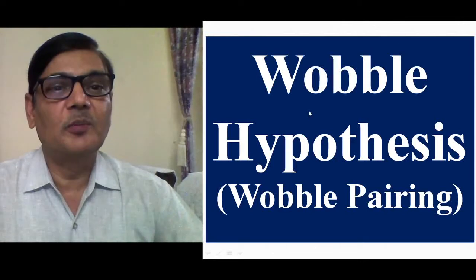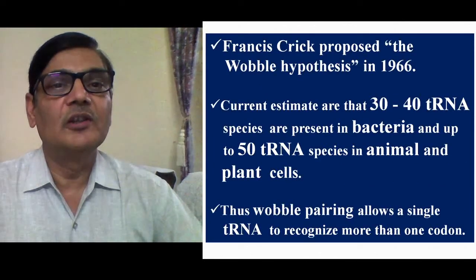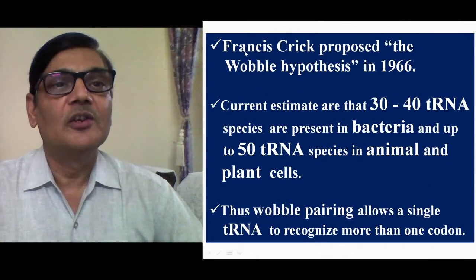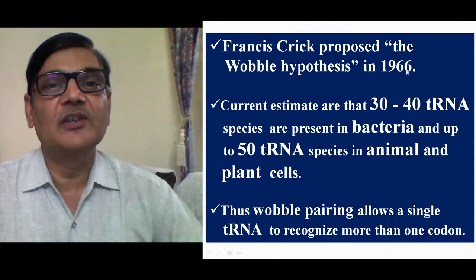But this strict pairing will not be followed at the third position of a codon and the first position of the anticodon. So let us see the details of this aspect. Francis Crick was the person who for the first time proposed the Wobble hypothesis, and he proposed this hypothesis in 1966.